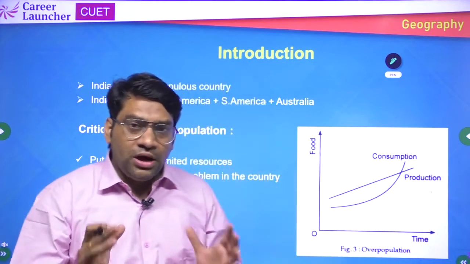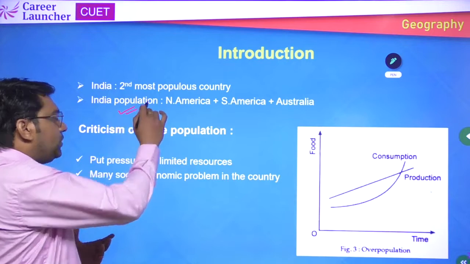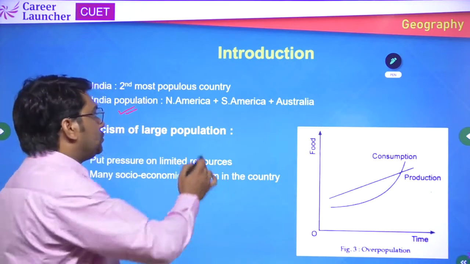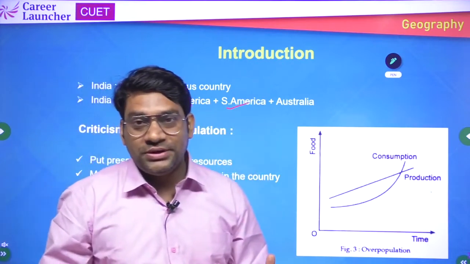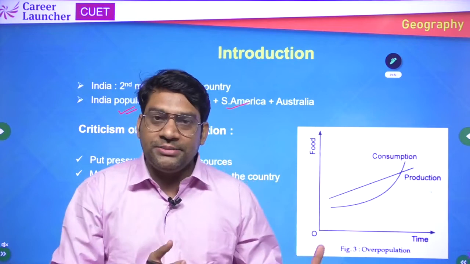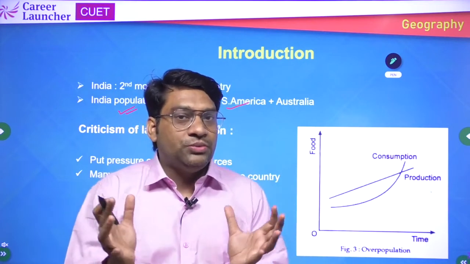One interesting point here is that the population of India is equal to the combined population of North America, South America and Australia. These are developed nations, their economy is so high, इनकी इकोनॉमी काफ़ी स्ट्रॉन्ग है इंडिया के सामने, लेकिन पॉपुलेशन के मामले में इन तीनों देश की पॉपुलेशन को जोड़ते हैं तब जाके इंडिया की पॉपुलेशन के बराबर होता है.